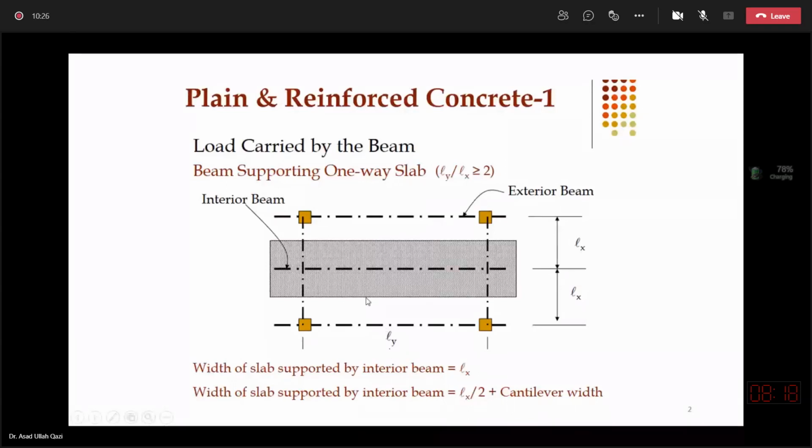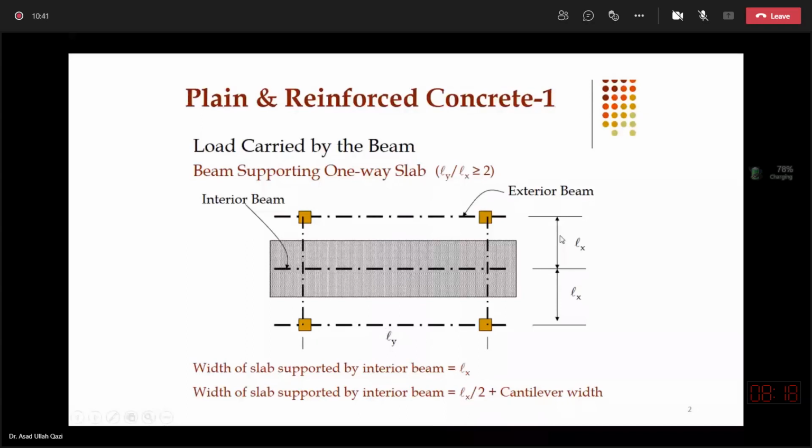So there are two panels and their dimensions are Ly into Lx. Ly is the longer dimension and Lx is the shorter dimension.